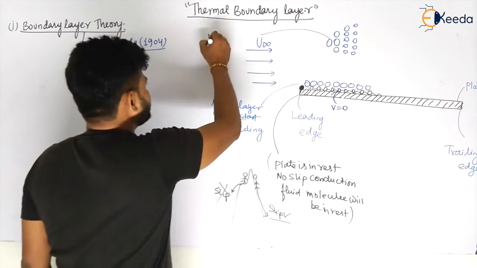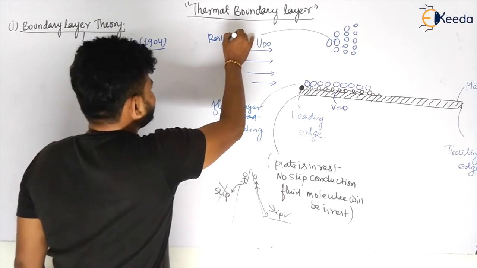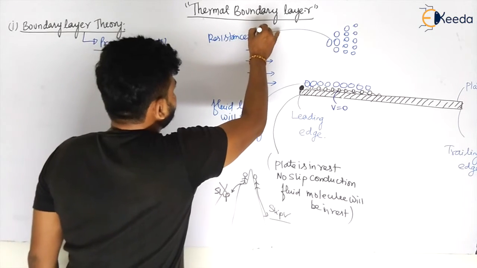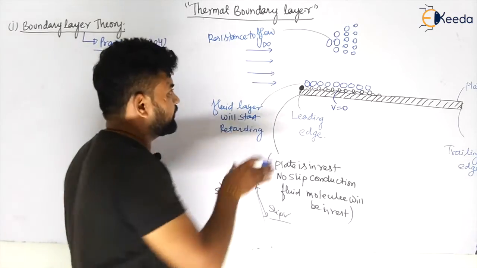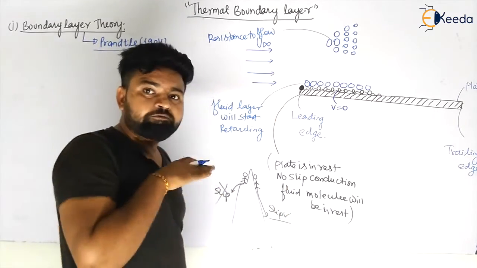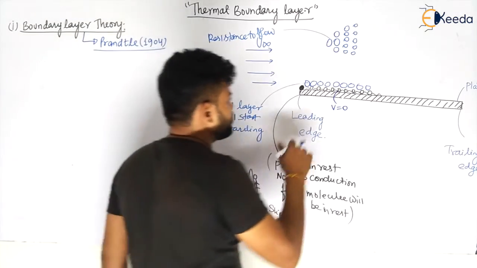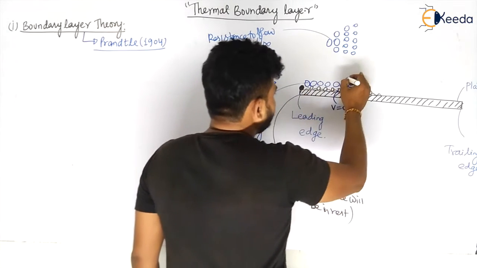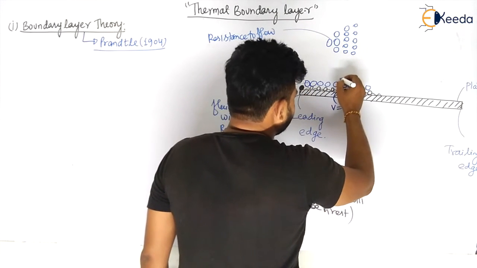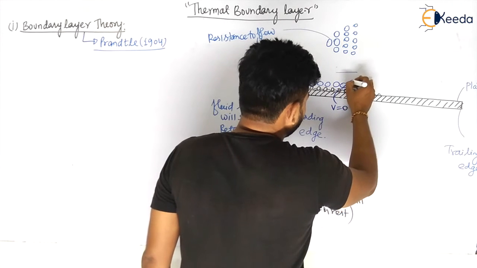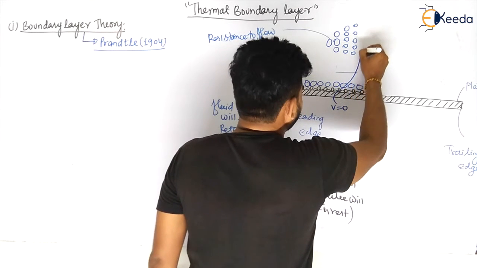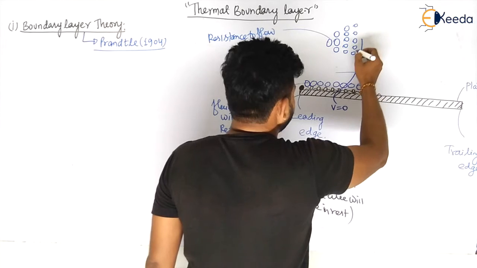And there is resistance to flow, my dear students. Due to this resistance, the velocity of the fluid is decreasing, from rest slowly, and then it will increase up to some free stream velocity, my dear students.